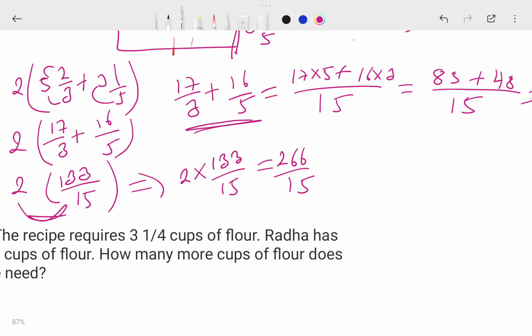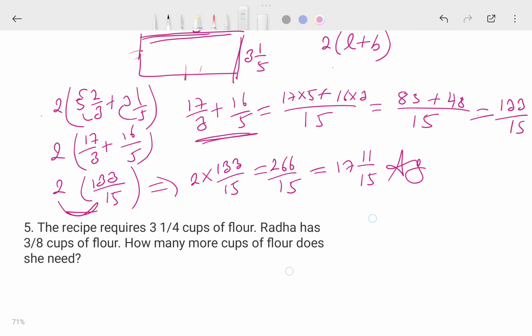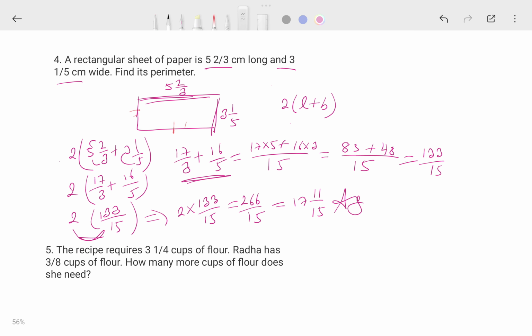If you divide this number, 266 by 15, it is going to be the mixed fraction 17 11 by 15. So this is your answer, then you will find the answer. This is our answer of the first question. Is it clear?